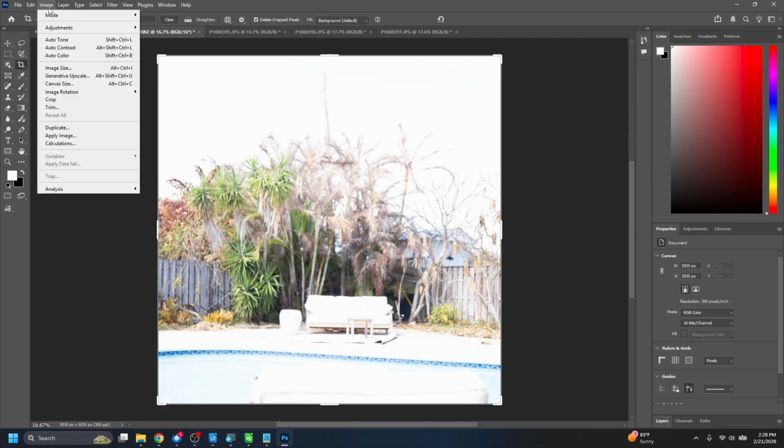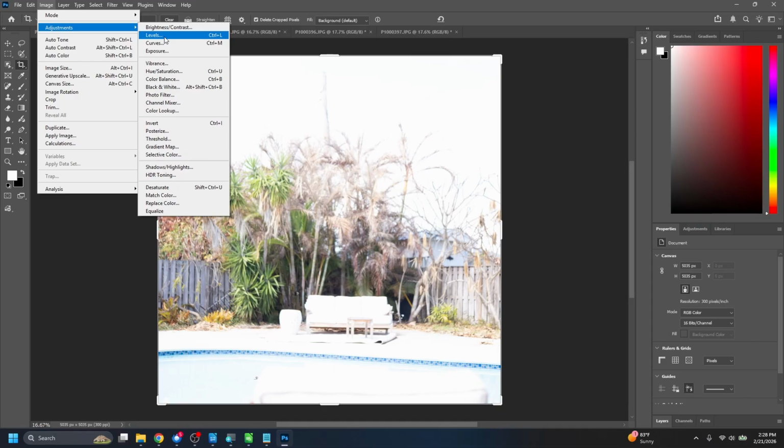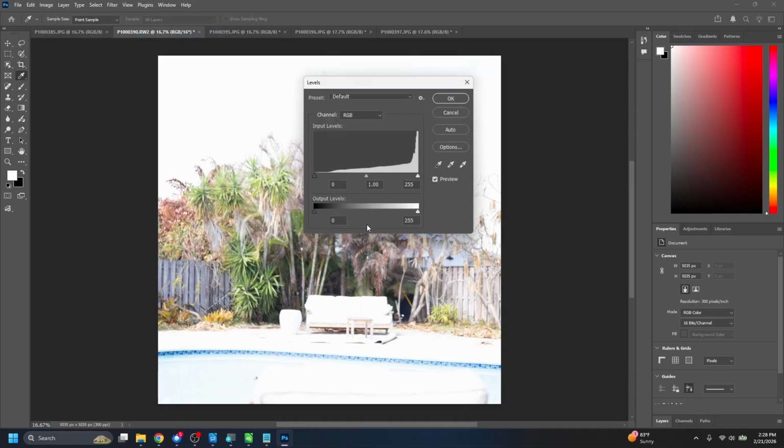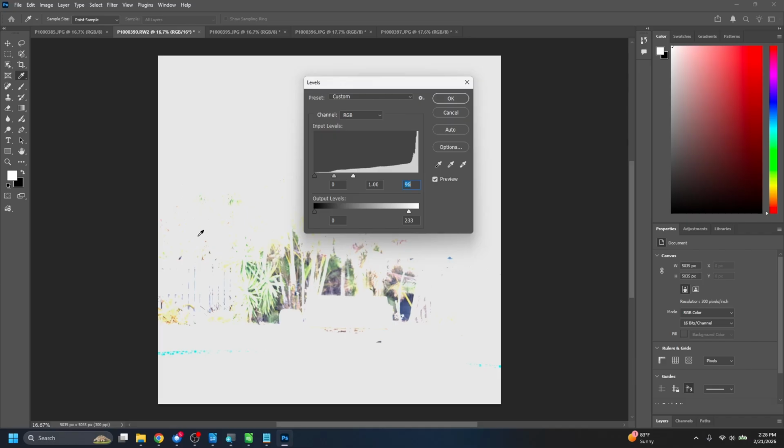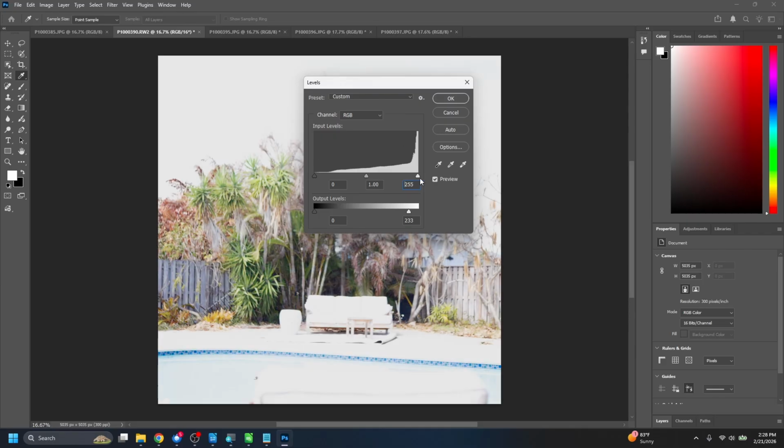So I can bring this down. Let's see. Let's bring our whites down a bit here. So, oops. Yeah, we have big data loss here, and I'm moving that the wrong direction.